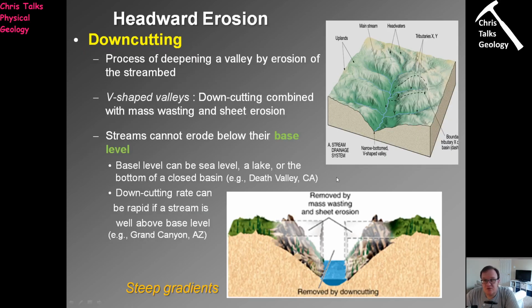So in terms of headward erosion, how does it actually work? Well, as discussed, the river will start to erode towards its headwaters up here. So headward erosion essentially is the process of deepening a valley by erosion of the stream bed. So remember, these rivers in these high gradient areas have lots of energy. So they don't erode from side to side, they erode straight down.